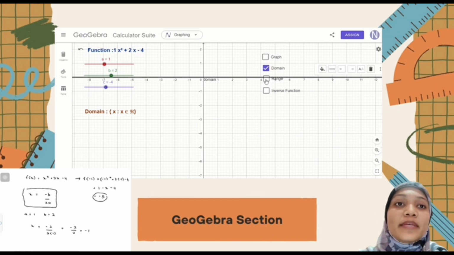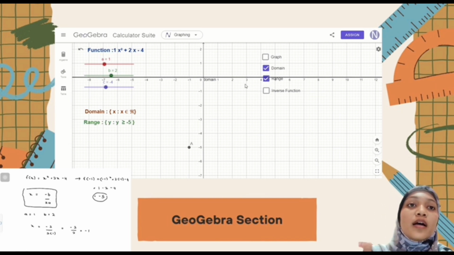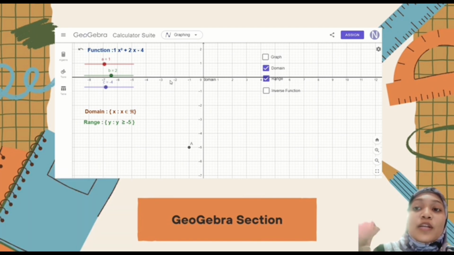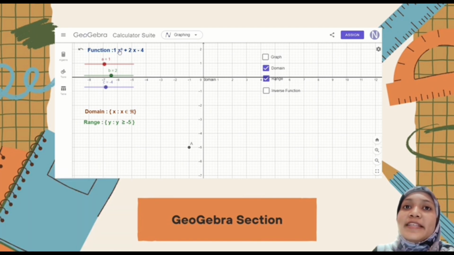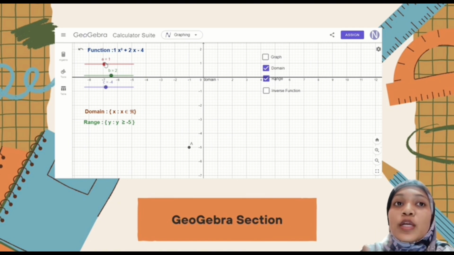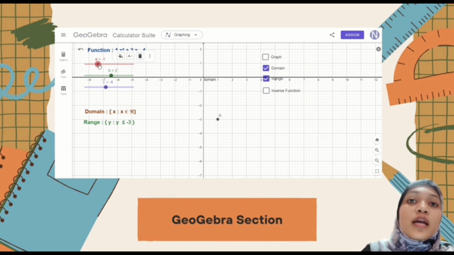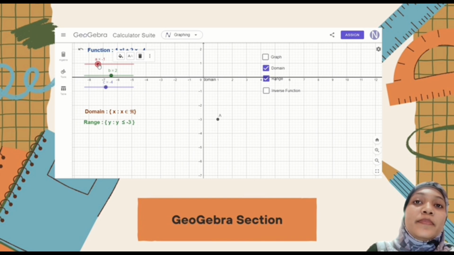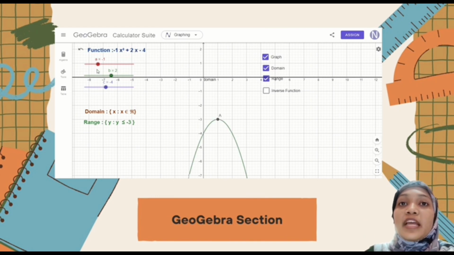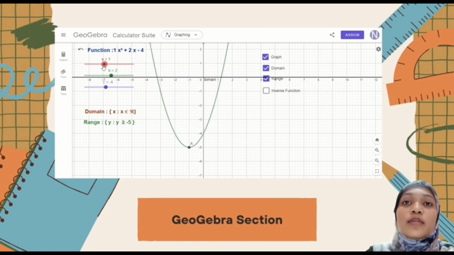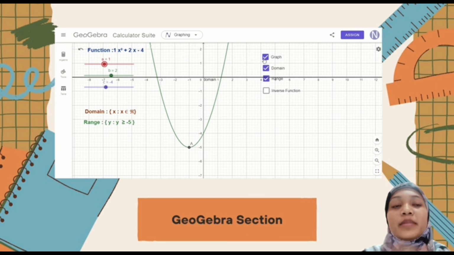So the range will be more than or equal to negative 5. What happens if our x squared was negative? I will show you the graph for negative and positive. The maximum and minimum point will be different.